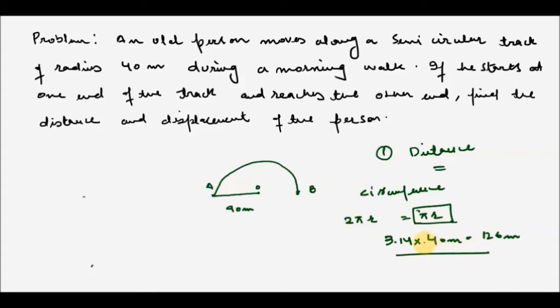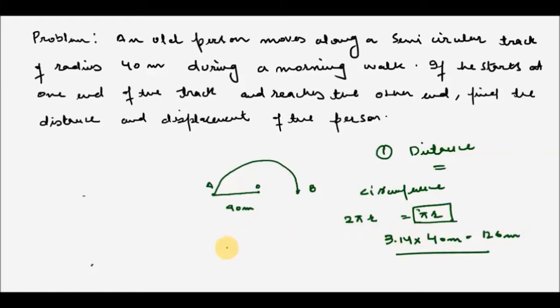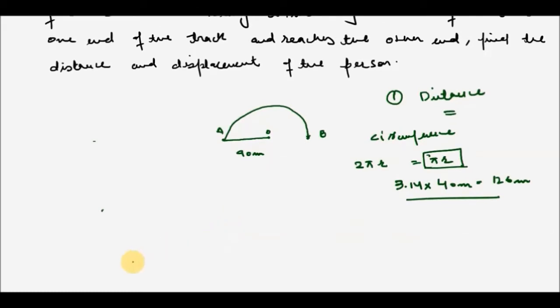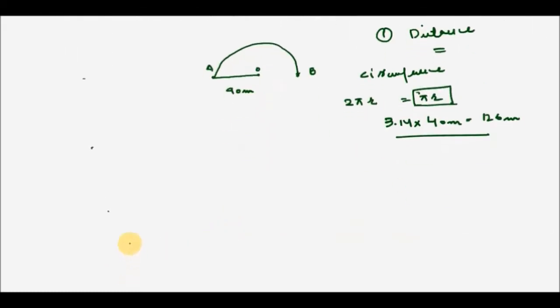So this is actually the length that the object has traveled, or I can say the distance that the object has traveled. Now what about the displacement, right? What about the displacement the object traveled? So let us calculate displacement now.